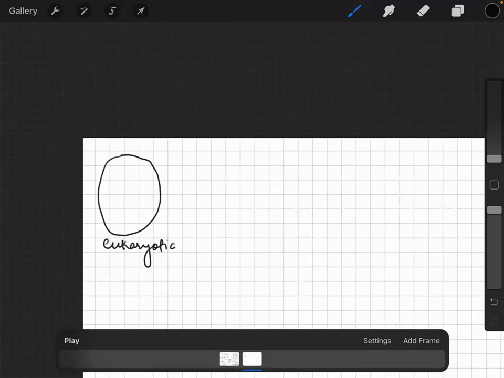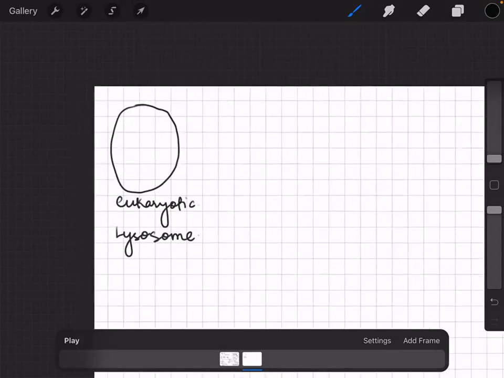And when that is happening, just like your eukaryotic cell, they also have a structure that gets activated in their cells, which is called a lysosome. What does a lysosome do? A lysosome contains lytic enzymes. What are lytic enzymes? Lytic enzymes are the digestive enzymes.